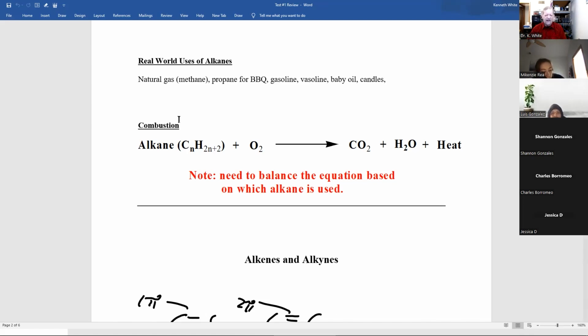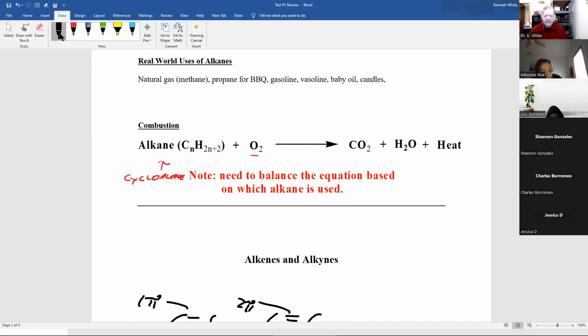anniversary or whatever. All right, the only reaction we went through is if you have an alkane, and it can also be a cycloalkane, and you react it with oxygen, what you get is carbon dioxide and water.